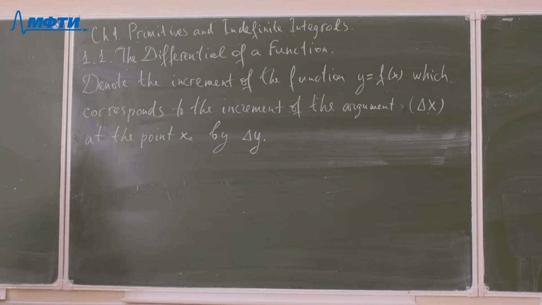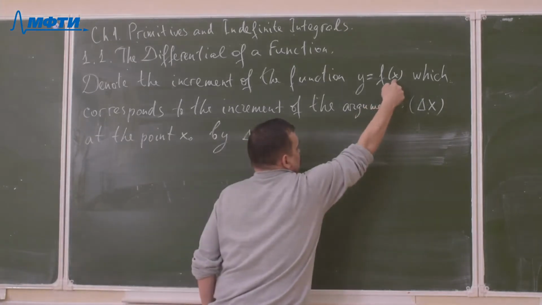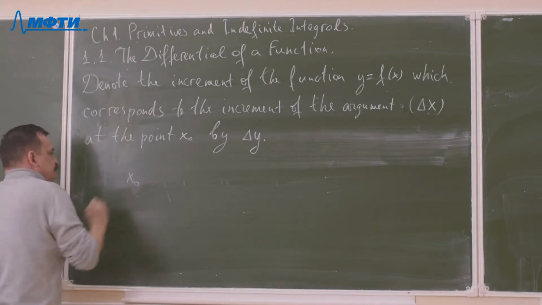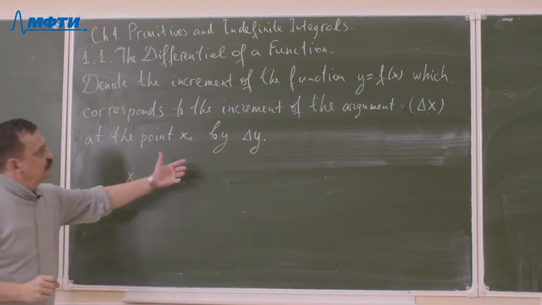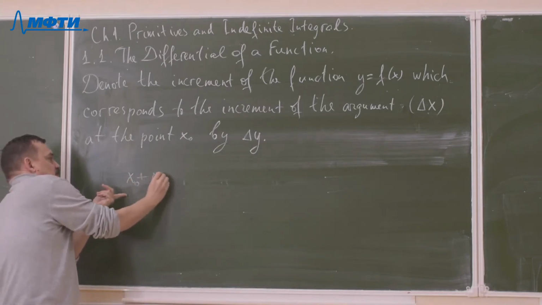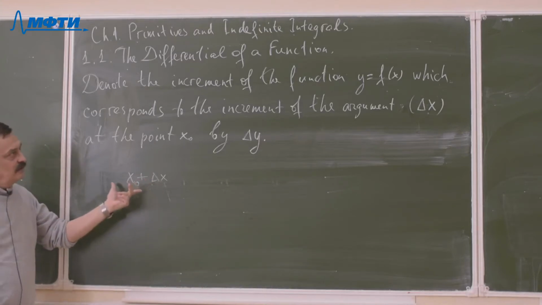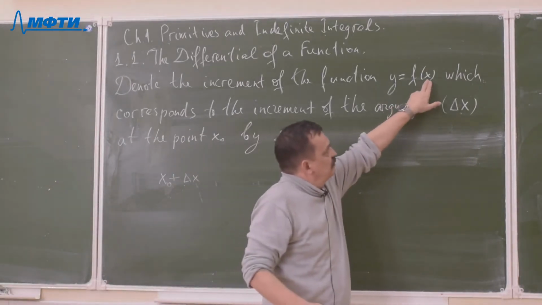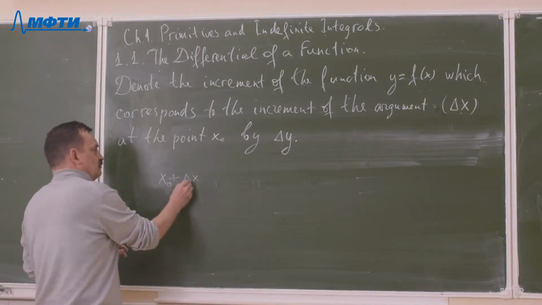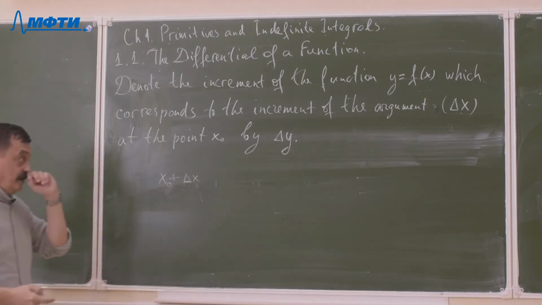So, what does it mean? Look, we have an argument x, right? So at the point x naught, we give the increment to the argument. So we consider this change of the argument, right? Instead of the point x naught, we substitute here a slightly different value, which corresponds to this change of the argument.